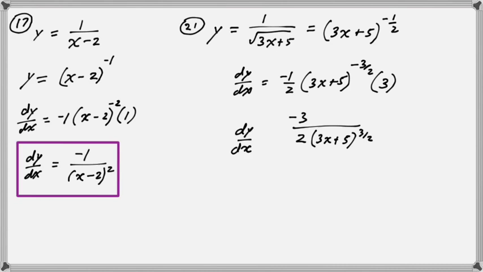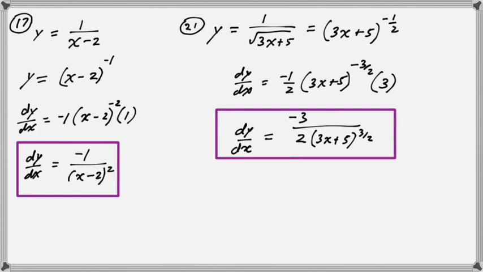The only problem might be it's not in radical form like the question was asking. So how could we write this in radical form? Well, you could write it as this. Let me just write it. Power over root. What root would you have?